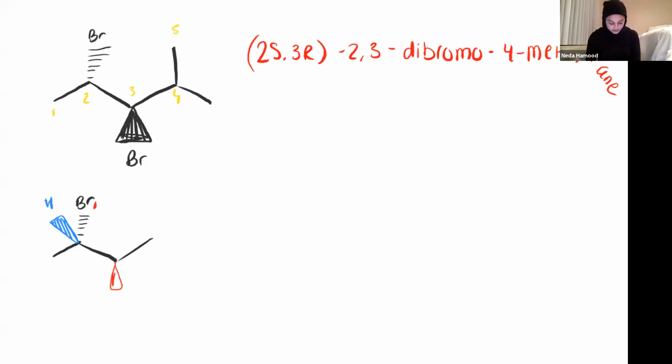Over here, you can think about how there's a bromine. This carbon is going to be 2, then this is going to be 3, and that's going to be 4. If we do that, then we get an R. But we see that our 1 configuration is on a dash, and that's not cool. So we're going to make it an S. So we have 2S. And then after that, we have something that looks like this.